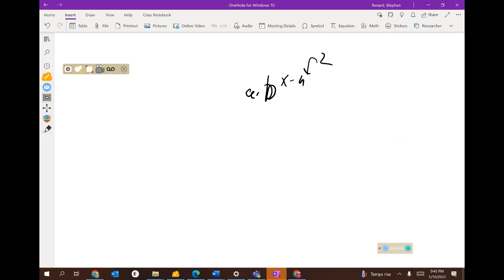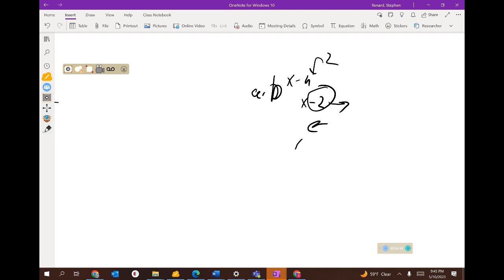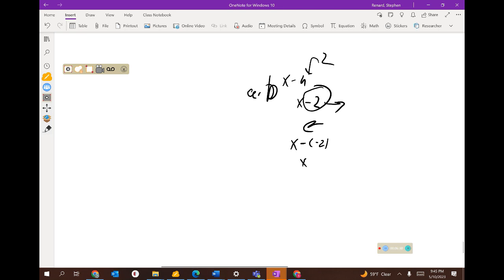If I put a 2 in there, that becomes x minus 2. Because that negative is kind of baked into the equation, this 2 moves it 2 to the right. If I wanted to move it 2 to the left, I'd have to put in -2, which would end up looking like this.